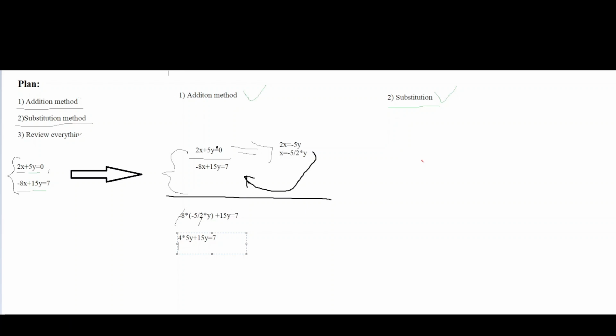So here we have 20y plus 15y, which is 35y equals 7.